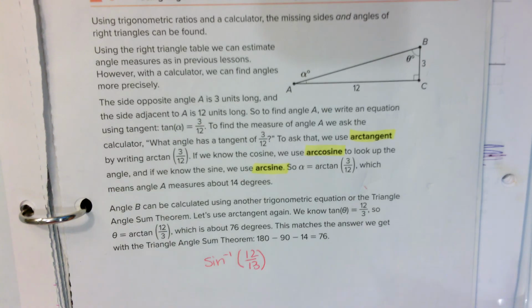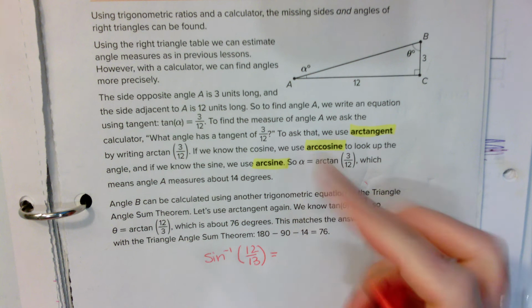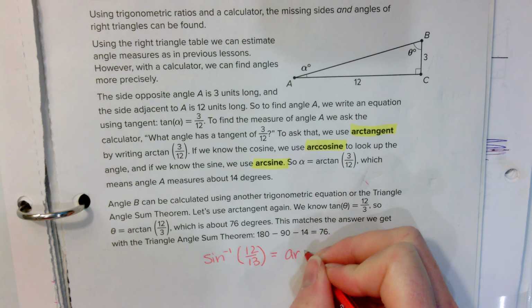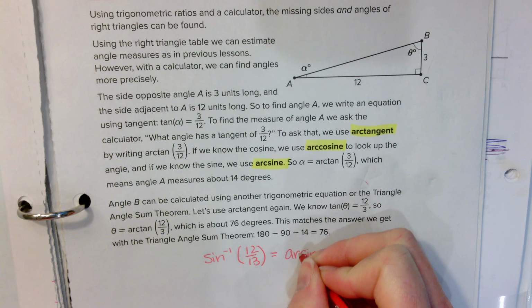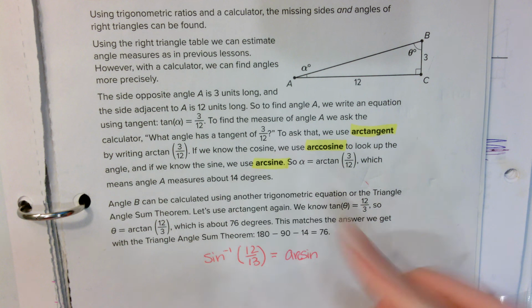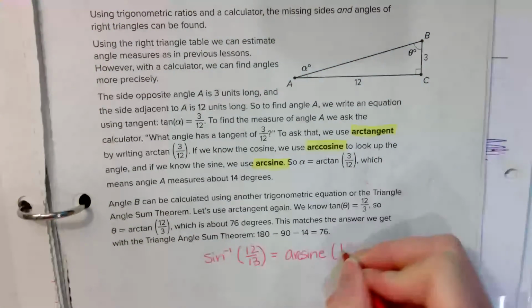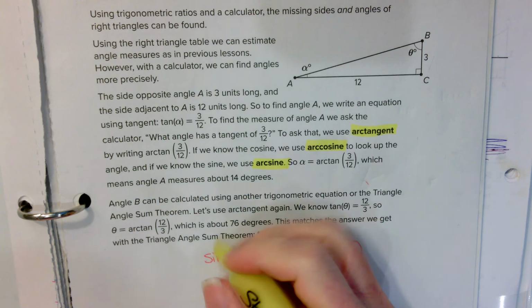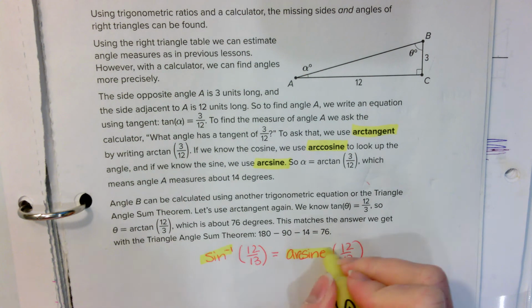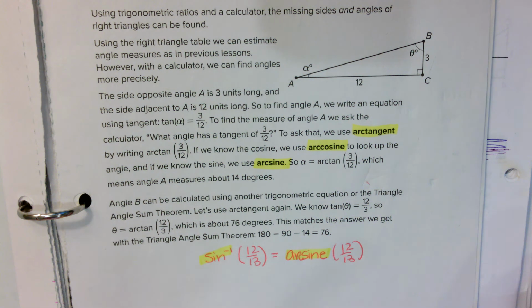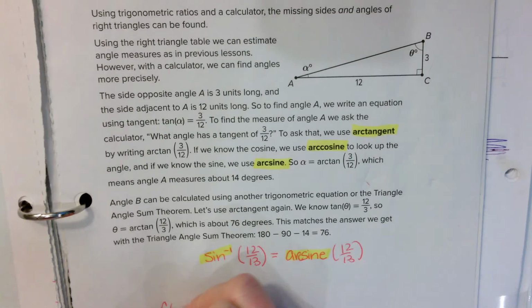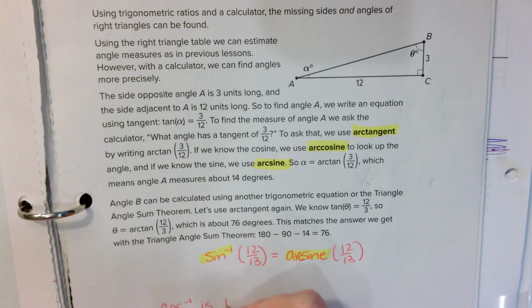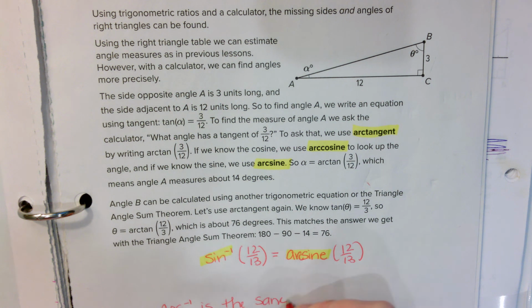That's the same thing as arc sine of 12 over 13. So sine inverse and arc sine are the same thing, just like cosine inverse is the same as arc cosine.